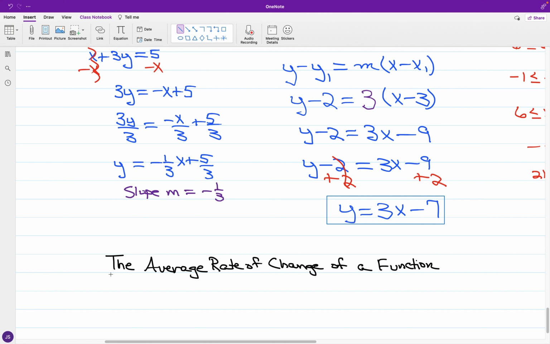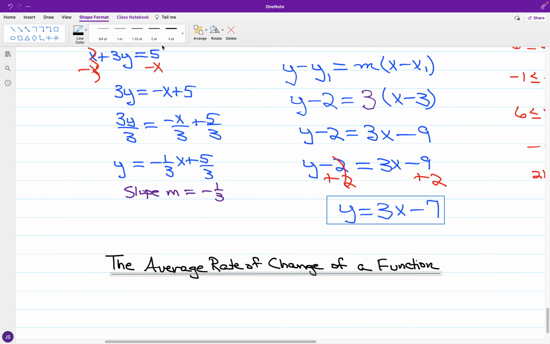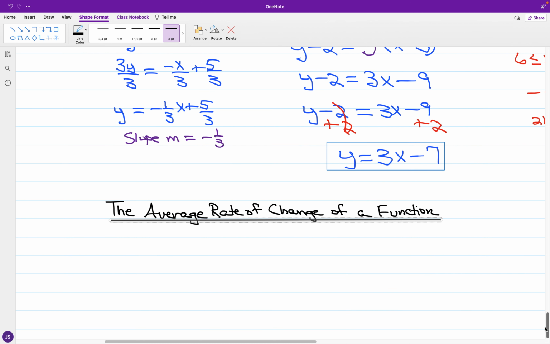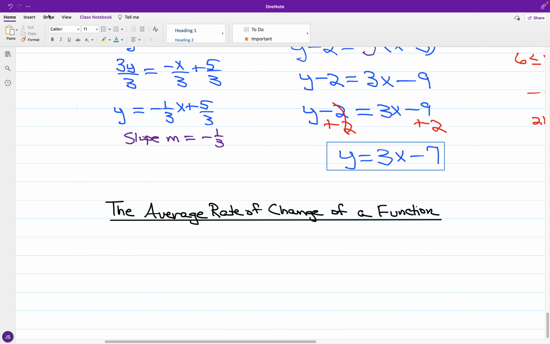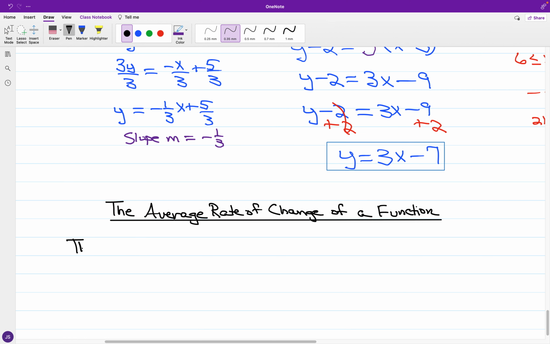And for what we have regarding the average rate of change of a function, okay, so you have the average rate of change of a function.